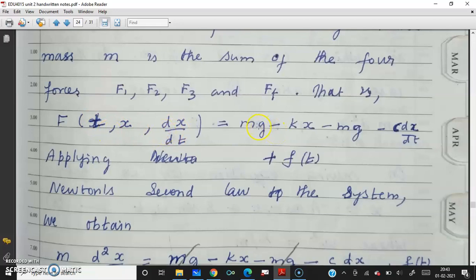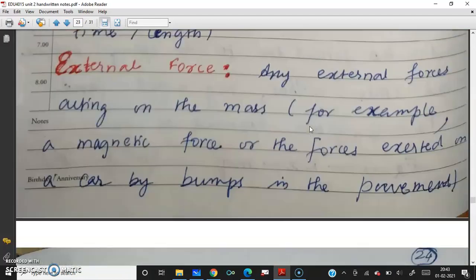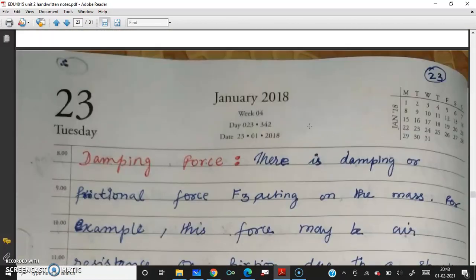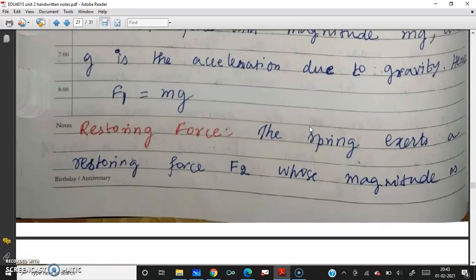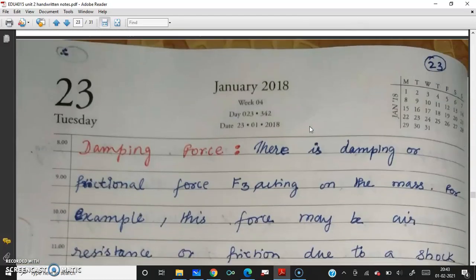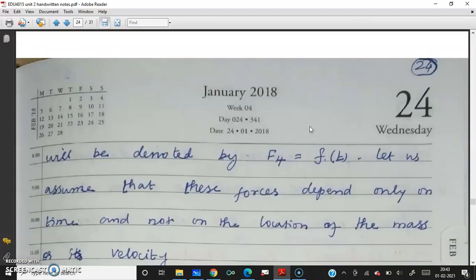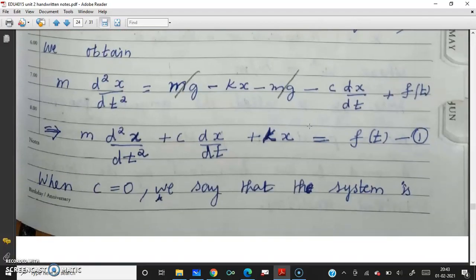The first force is the gravitational force, mg, and the next force we have seen was the force due to the elongation, that is the second force, the restoring force. Then the damping force and the external force. There are 4 forces. The force due to the elongation is minus kx minus mg.